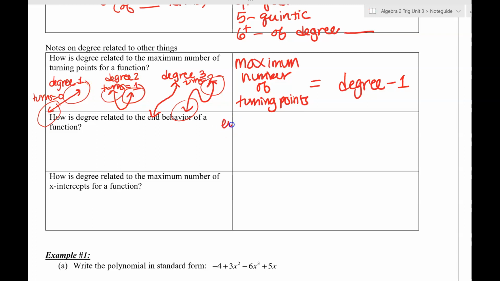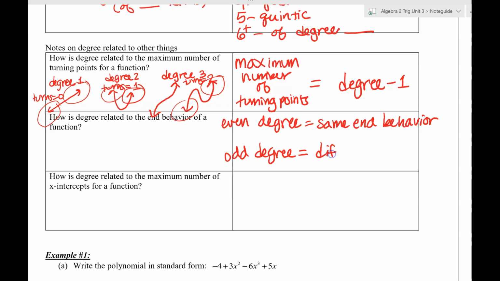So if we have an even degree, we have the same end behavior on both ends. And if we have an odd degree, we have different end behavior on both ends. One goes up and one goes down.